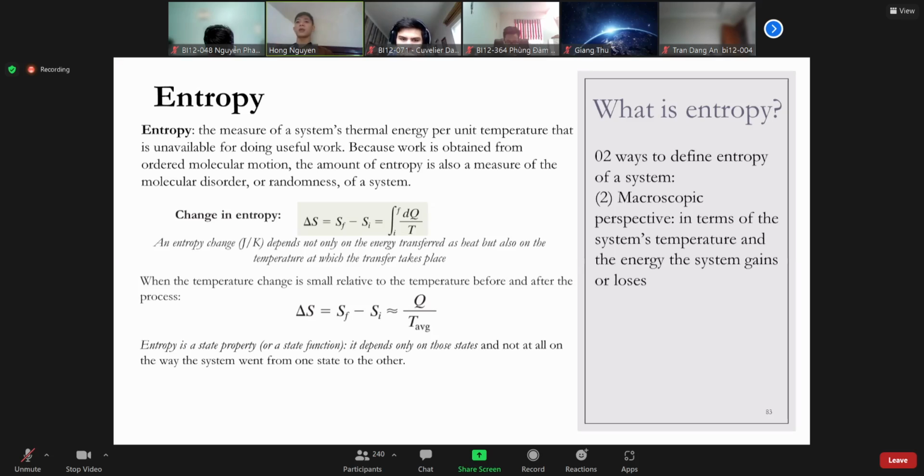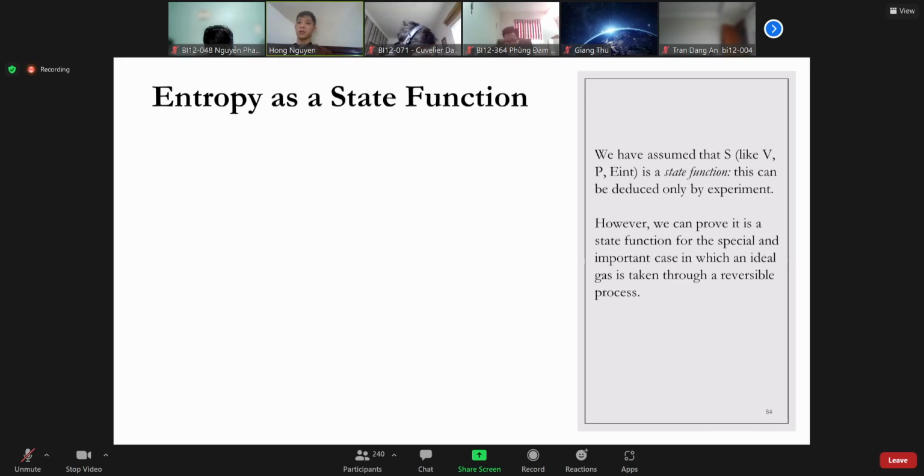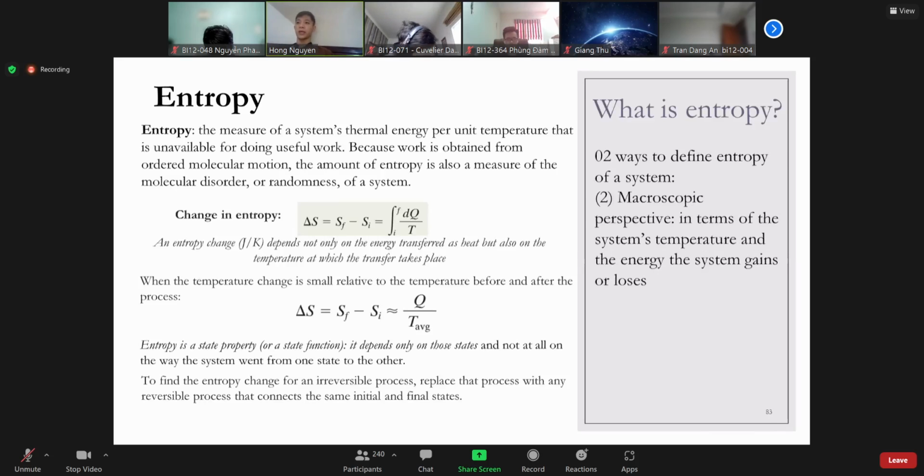Okay, so it really depends only on the initial state and the final state, and not at all on the way the system went from one state to the other. Good. So here, in this way, we can find a way to calculate the entropy for an irreversible process.